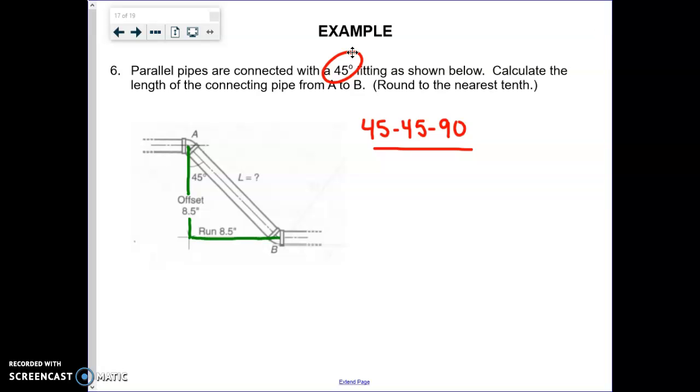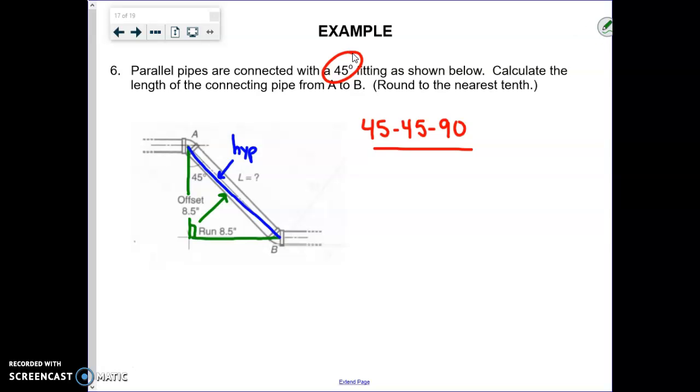And what we're having to find is this right here. Well, if you notice, ladies and gentlemen, that's the right angle. The length of that connecting piece is opposite that right angle. So what that tells me then is that this is the hypotenuse.